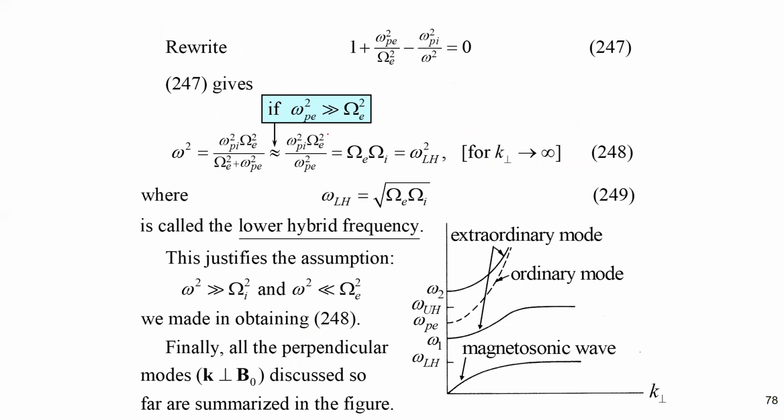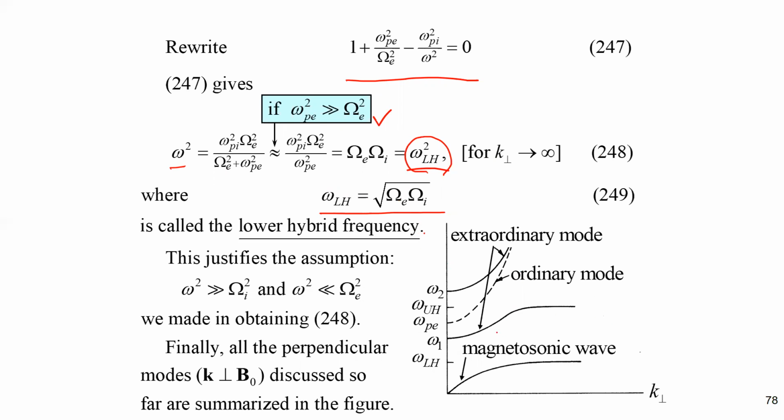Okay, so now let's rewrite the equation. Another extreme: omega is greater than the plasma frequency. Under this condition, omega squared equals that, another one. Let's call it the lower hybrid frequency.